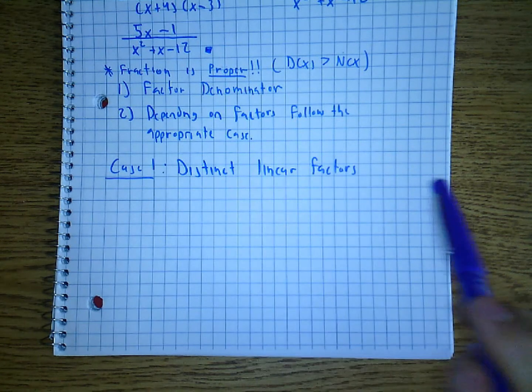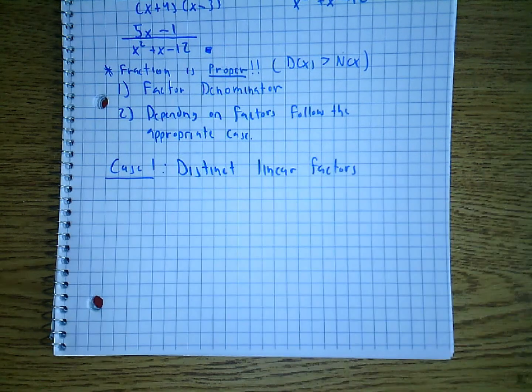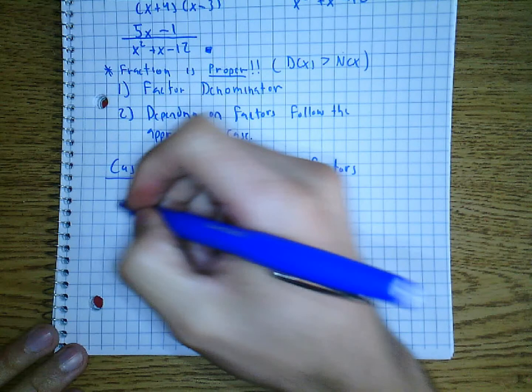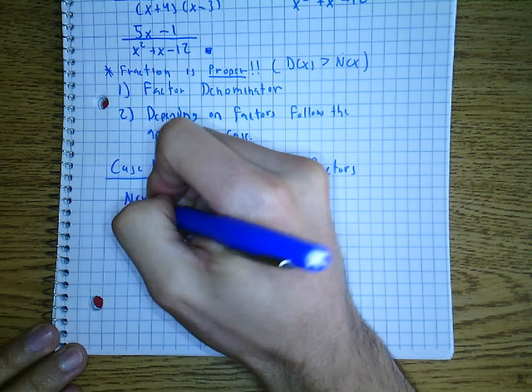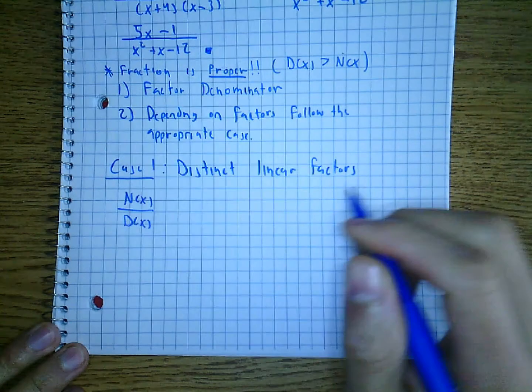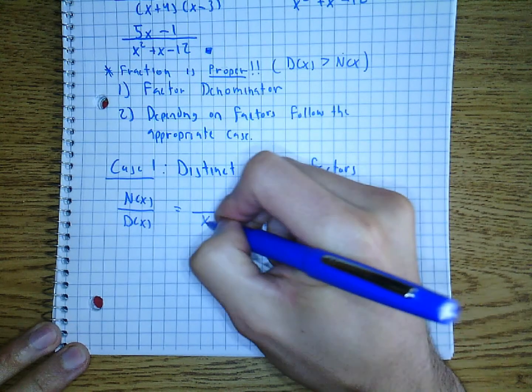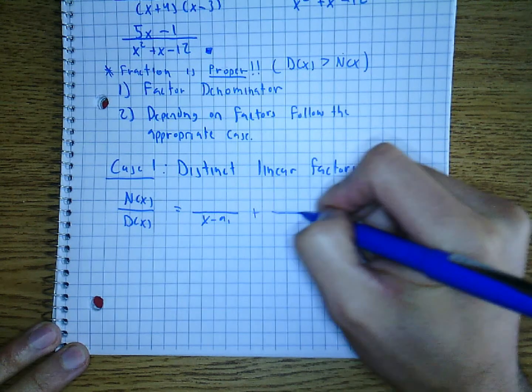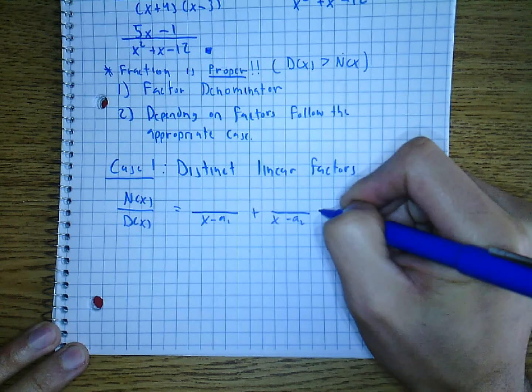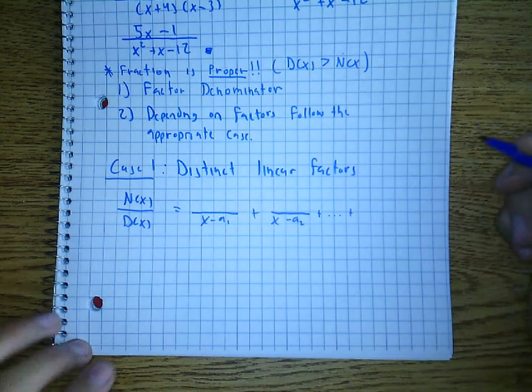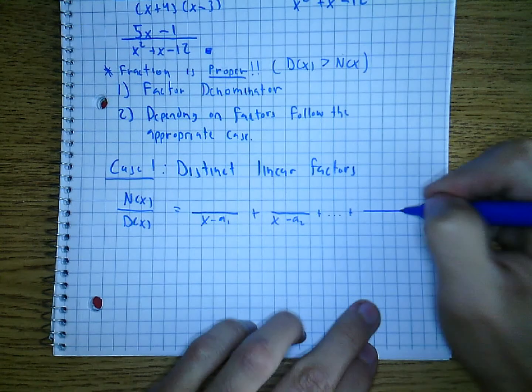You ready? Okay, so I'm going to show you the math, and then we're going to show you an example. So if you have a numerator and then you have a denominator, and you figure out that that gets broken down into, I don't know, x minus a of 1 plus x minus a of 2, and you can have as many as, well, it all depends on how many you have, right? So you can have, I don't know, up to n factors.